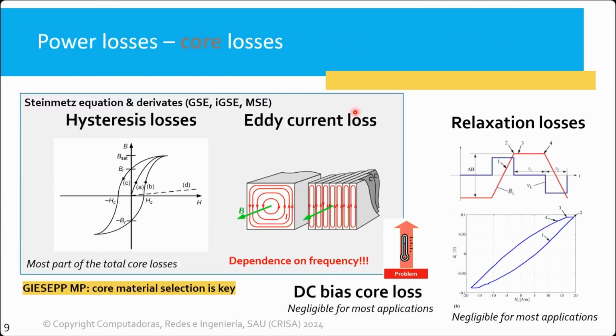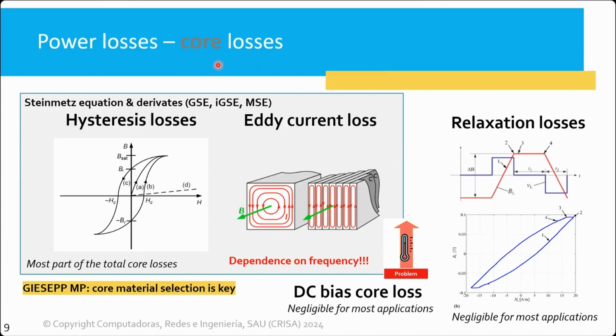The first thing that we should really take into account when designing magnetic components is the core losses. If you remember, we said that in order to reduce the size of these components, we want to increase the frequency. But the higher the frequency, the bigger the problem with heat dissipation and higher power losses.